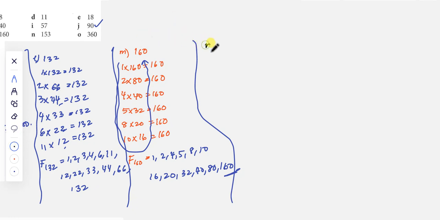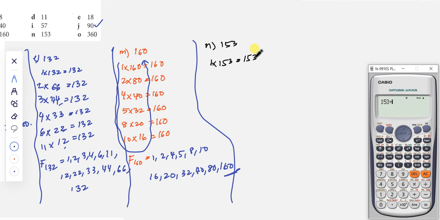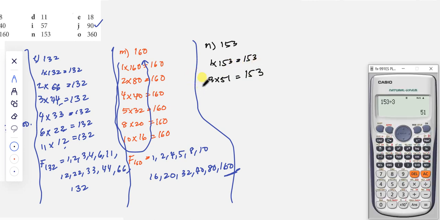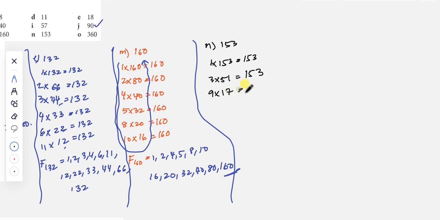And we have 153. So 1 times 153 is equal to 153. 153 divided by 3: 3 times 51 is equal to 153. 153 divided by 9: 9 times 17 is equal to 153.